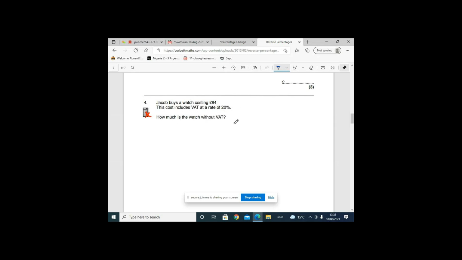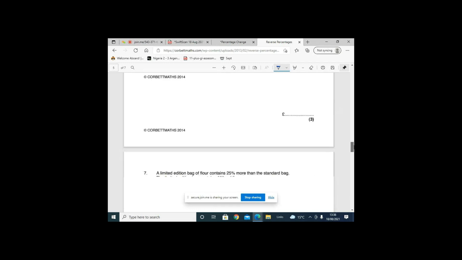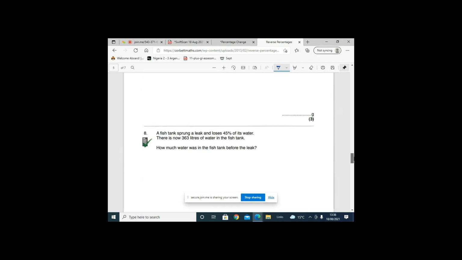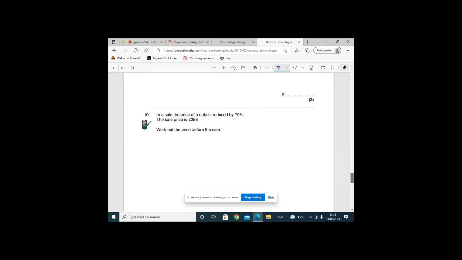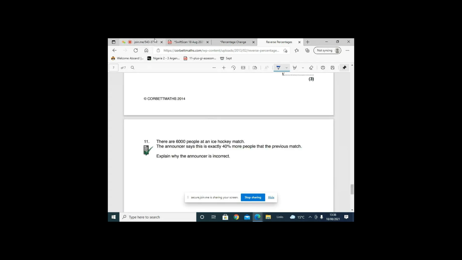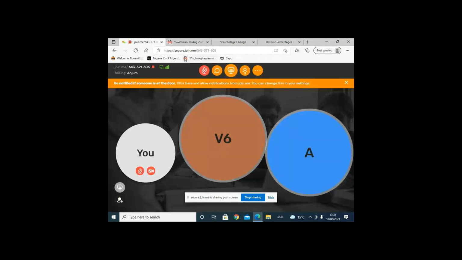How much is the watch without VAT? I want to find the one that is so direct with the one I just finished doing. Just give me a sec.